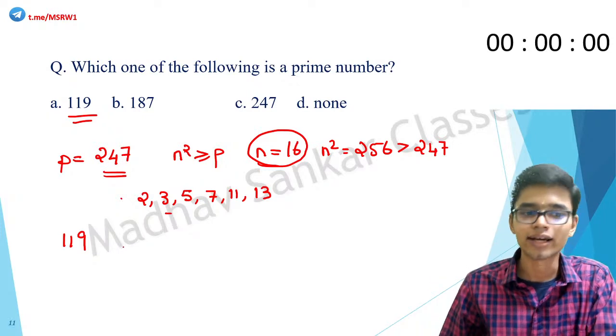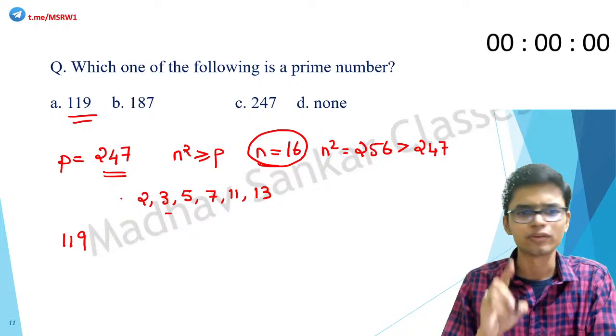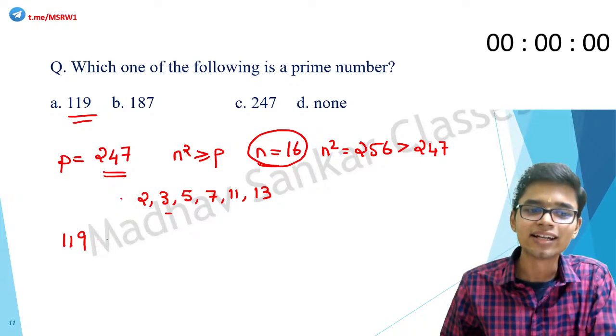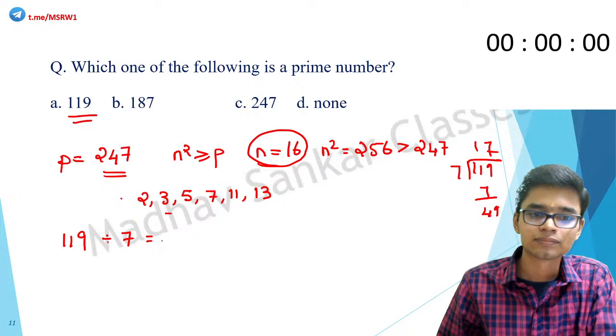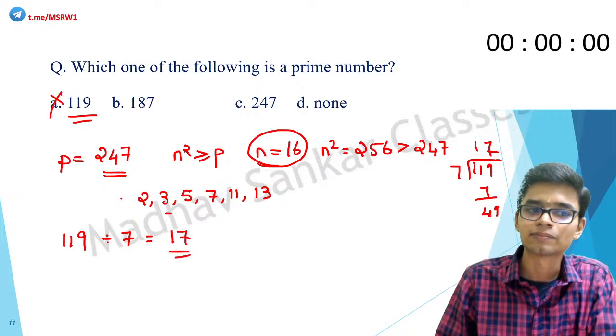So 1, 1 and 9 add to 11. 11 is not divisible by 3, so no. 5, no. 7, yes. 119 is divisible by 7. You can check it also: 119 divided by 7, 1, 4, 49, and 7. Perfect. So this is not a prime number.